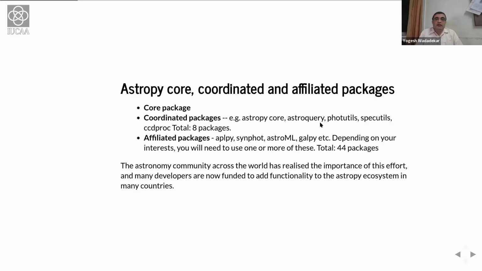AstroML is a machine learning library for astronomy. SynPhot is a module that does synthetic photometry, and so on. The number of affiliated packages is quite large. There are 44 packages that were listed on the Astropy website as of today. And depending on your interests, you will need to use one or more of these packages.